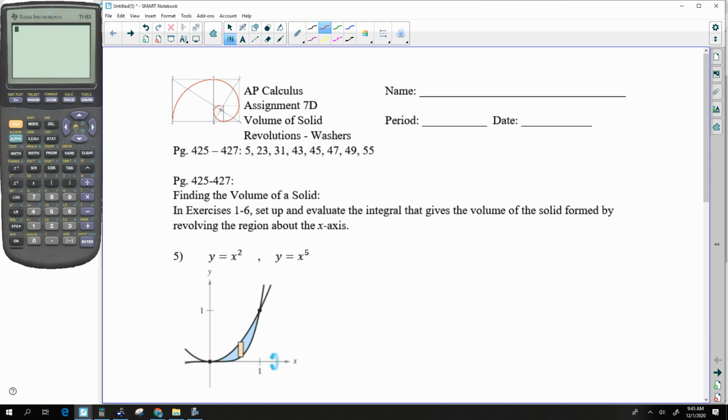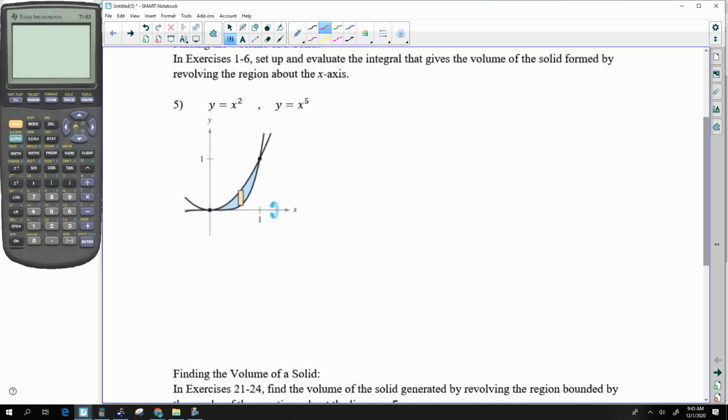So here we go. We have this area described right here. We are going about the x, so this is going to be a dx type of rotation. Let's just check on the calculator real quick to make sure I know what we're talking about. So I have an x squared, I have an x to the fifth. I'm assuming that this is at 1, 1.